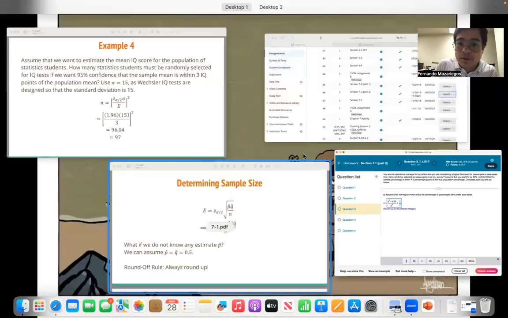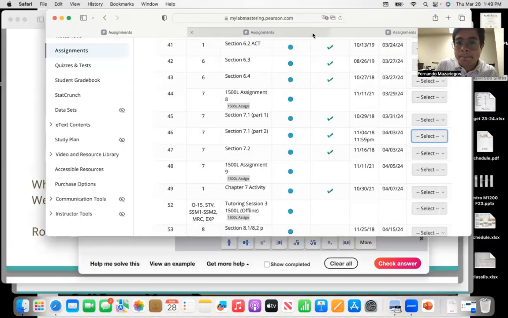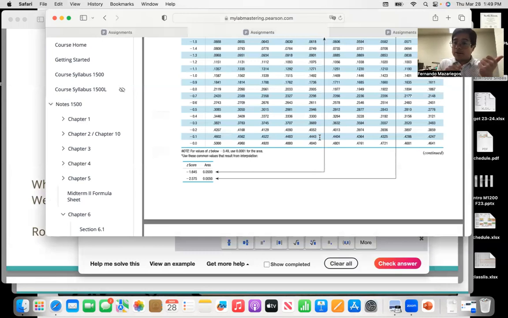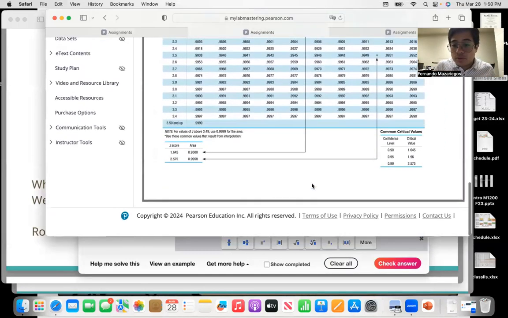So we need to find the corresponding critical value for 99%. Remember, we have those on our table. We can find them like we find the values in the last example, but we can also go to this bottom right corner where we have some common critical values.